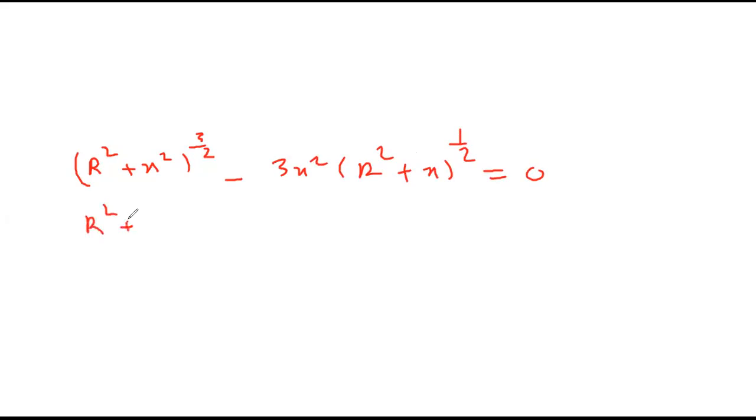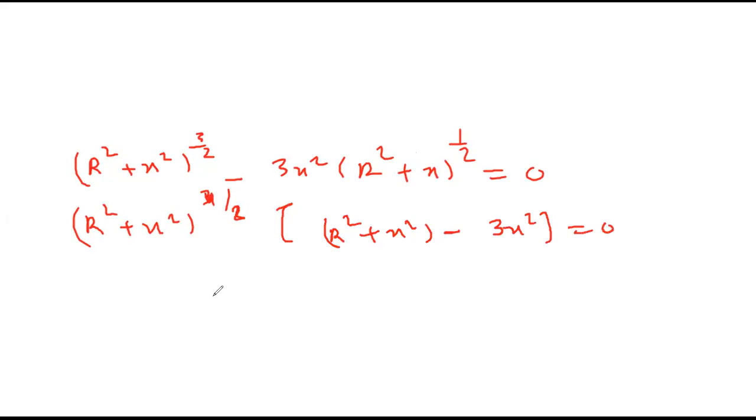Now (r square plus x square) raised to half, if I take it common, inside we get r square plus x square minus 3x square, total is 0. So r square plus x square minus 3x square equal to 0.